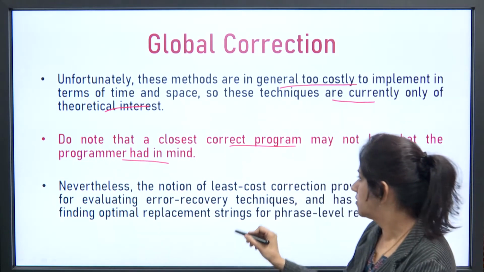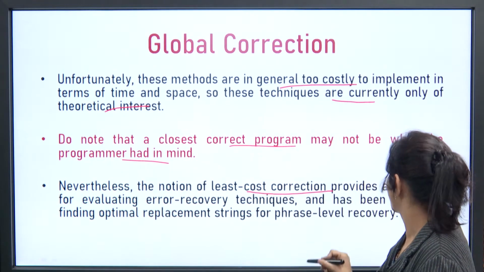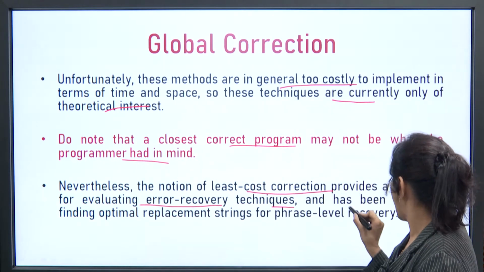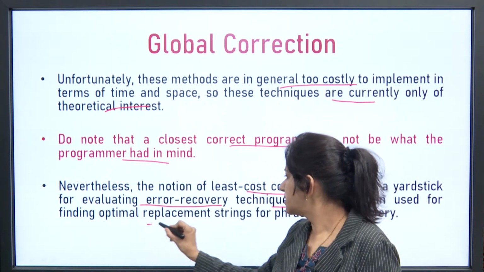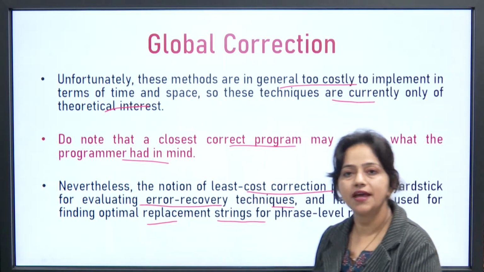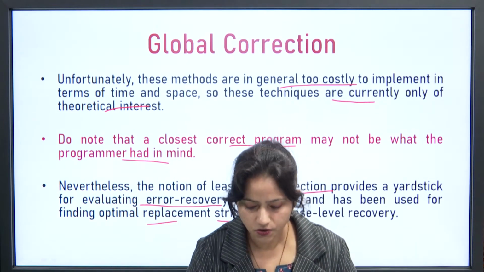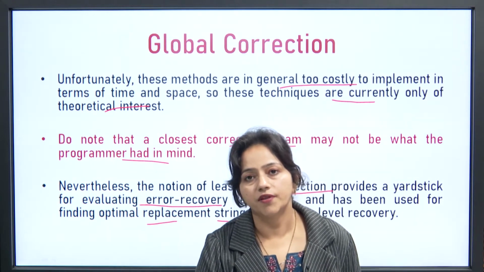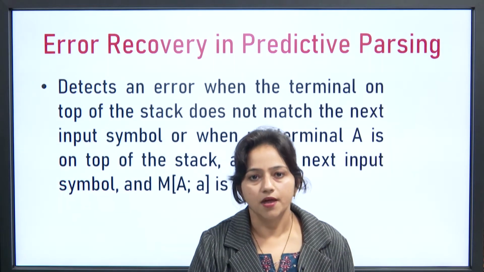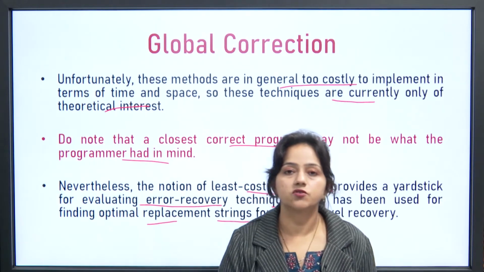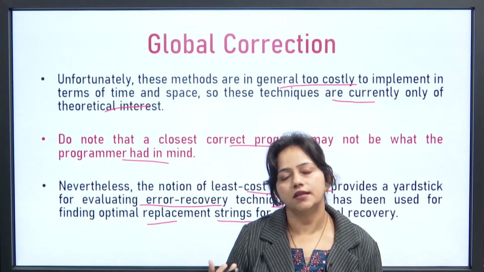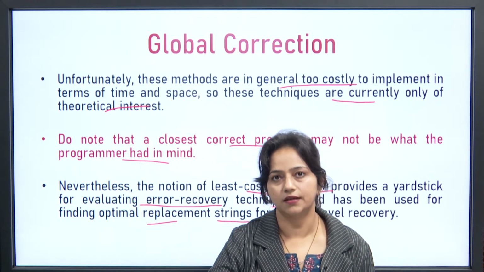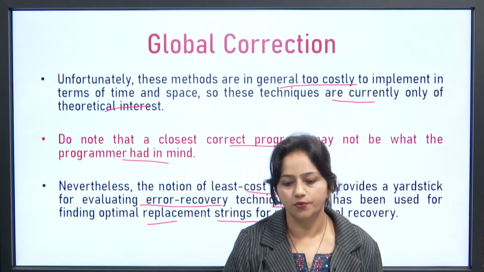Nevertheless, the notion of least cost correction provides a yardstick for evaluating error recovery techniques and has been used for finding the optimal replacement string for phrase level recovery. It is quite difficult to know the intent of the programmer, but we may still use insertion, deletion or modification with the minimum distance method to do global correction.